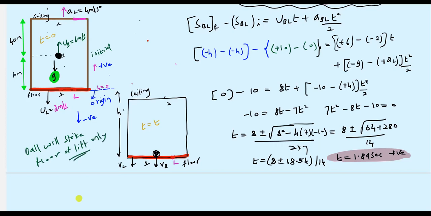What is the velocity of the ball at this position? We'll calculate velocity of the ball. Velocity of the ball will be VB equal to UB minus G into T. UB is how much? 6, 10. This will be 1.9. We'll take it approximately.